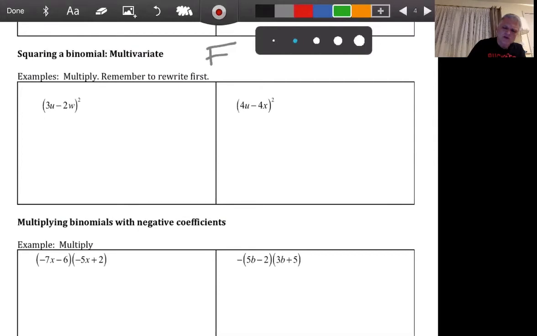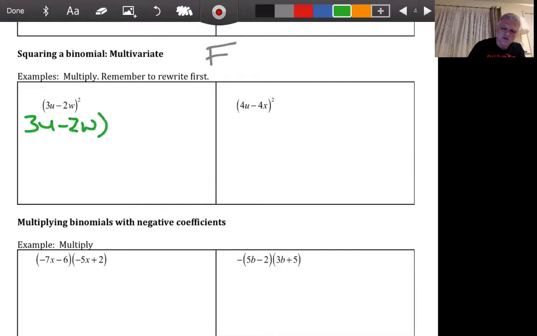So 3u minus 2w squared. Squared means times itself. So let's write 3u minus 2w times itself. And now we're set up. So let's go right ahead and FOIL it.